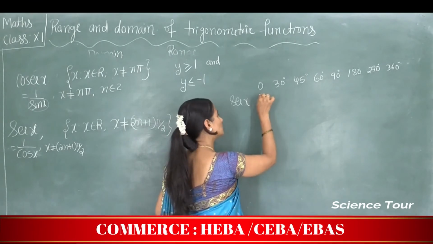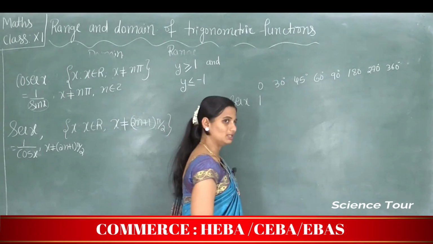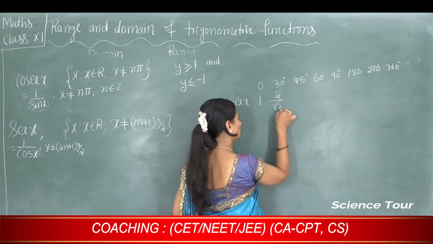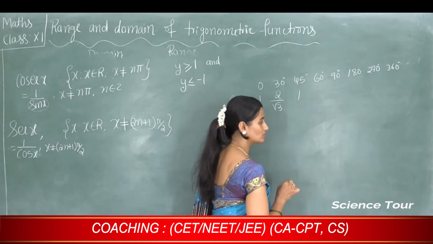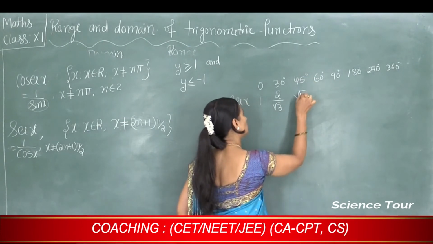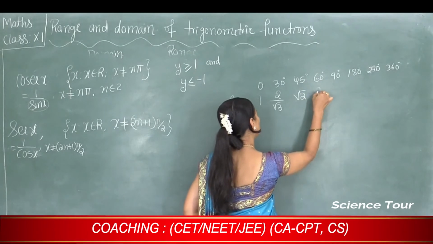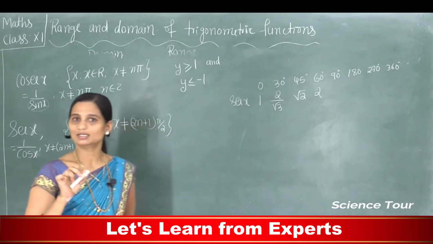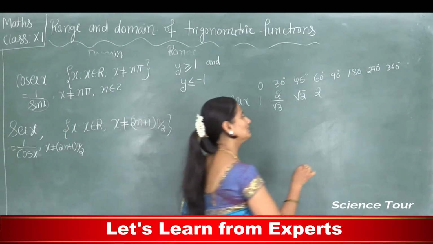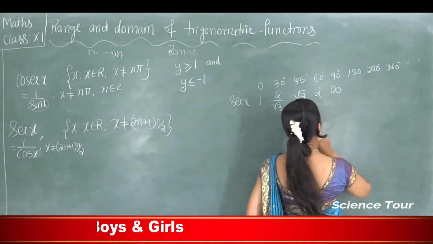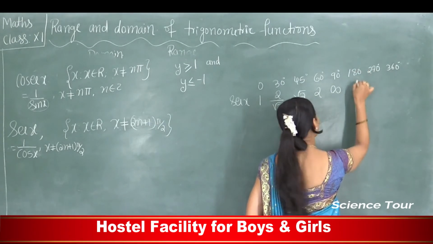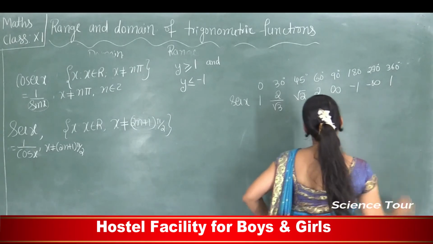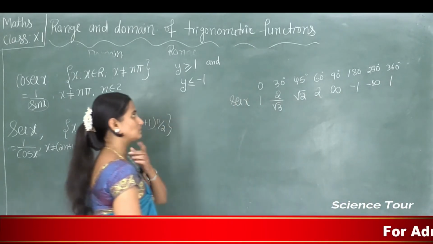Cos 0 is 1, so it is 1. Secant 30: cos 30 is root 3 by 2, so 2 divided by root 3. Secant 45 is root 2. Secant 60: cos 60 is 1 by 2, so it is 2. Secant 90: cos 90 is 0, so secant 90 is infinity. Now 180 is minus 1, 270 is minus infinity, 360 is 1. So these are the values of secant x.